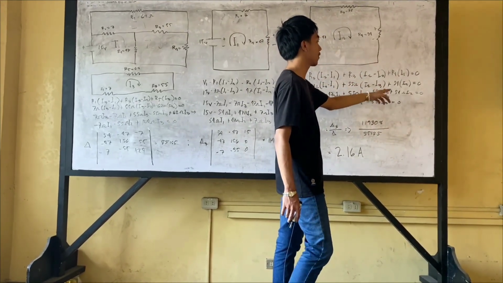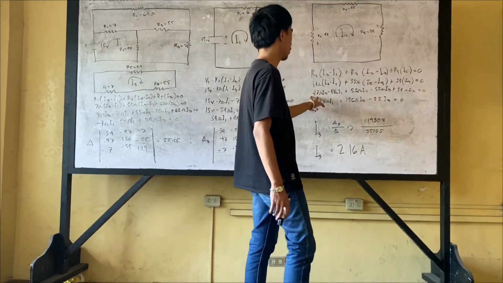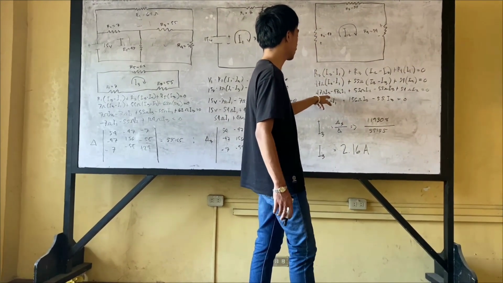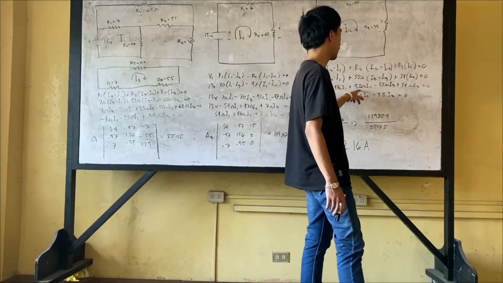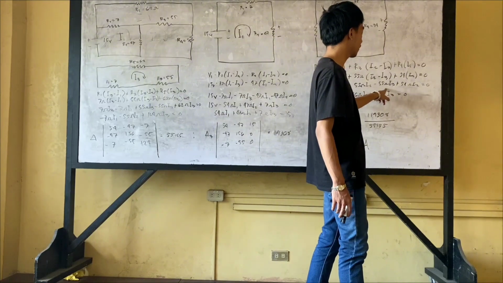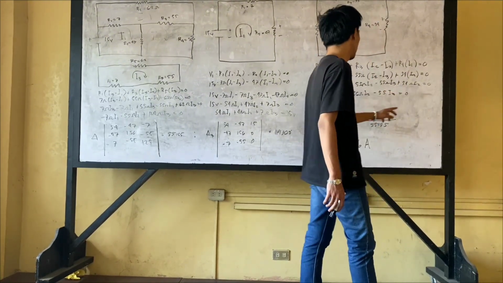Then our R4 is 54 ohms. So next we will transpose our resistance to our current. So 47 ohms of I2 minus 47 ohms of I1 plus 55 ohms of I2 minus 55 ohms of I3 plus 54 ohms of I2.